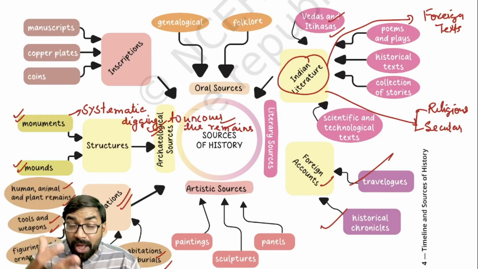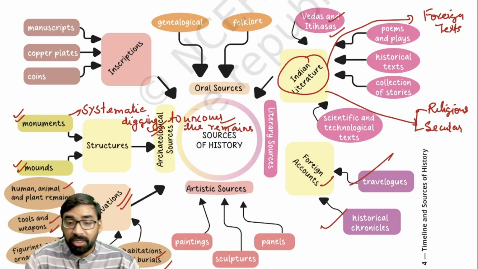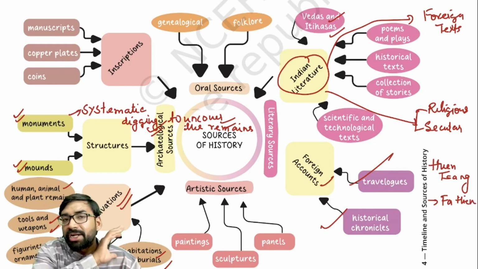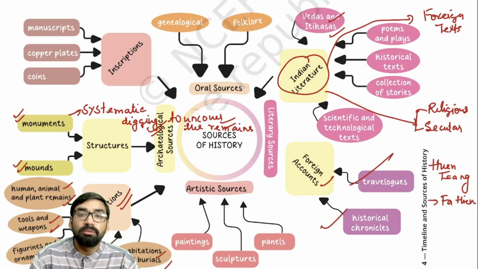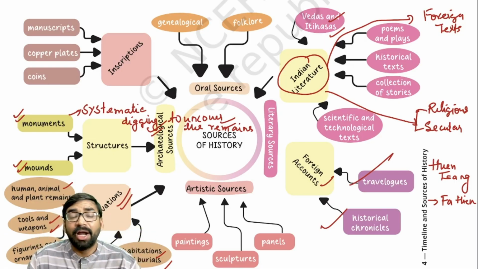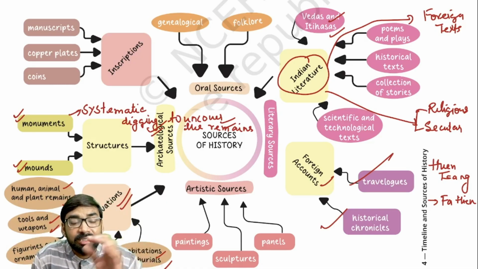Likewise, there are various foreign travelers. Megasthenes came. Then Chinese Buddhist travelers like Hiuen Tsang, then Fa-Hien. These are the foreign travelers from ancient India. In medieval India, Ibn Battuta, Peter Mundy, Al-Biruni, important foreign travelers are there. They also provide important accounts or sources for particular dynasties.